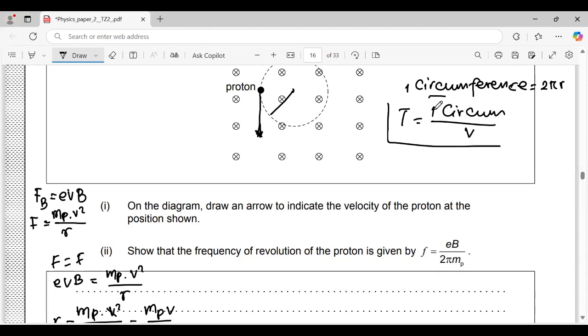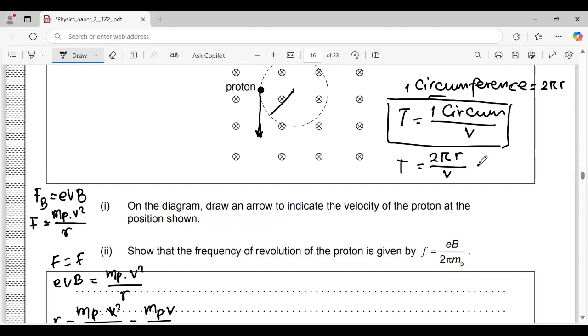The circumference formula is 2 pi times r, so it means T equals 2 pi times r over velocity.